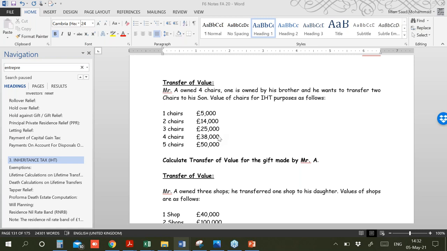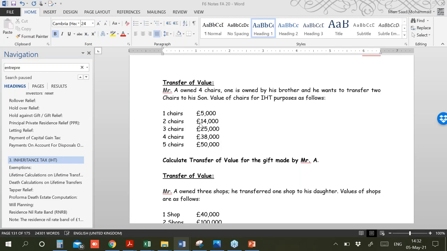If he transferred 2 shares to his son, the value of 2 shares is 14,000, but we'll not be taking 14,000. Rather, we'll be checking what is the decline in wealth of Mr. A. Before it is 38,000 because he has 4 shares, and after he has transferred 2 shares, he'll be left with 2 shares.